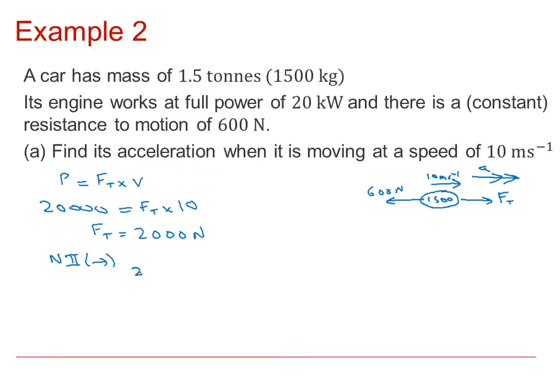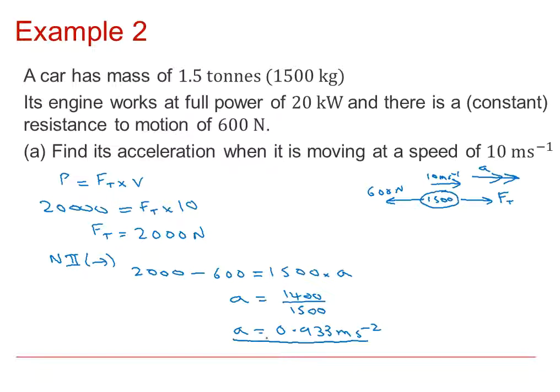So we've got tractive force of 2,000 newtons, take away the resistive force of 600 newtons, equals mass 1,500 kilograms times the instantaneous acceleration. So the acceleration is 1400 divided by 1500, or the acceleration is 0.933 meters per second squared at this moment in time.